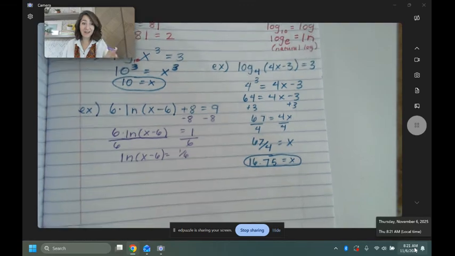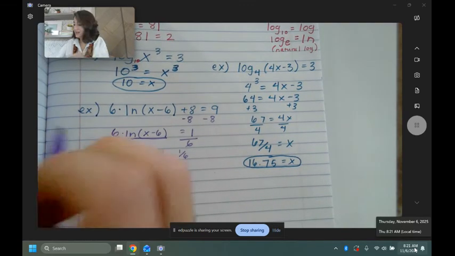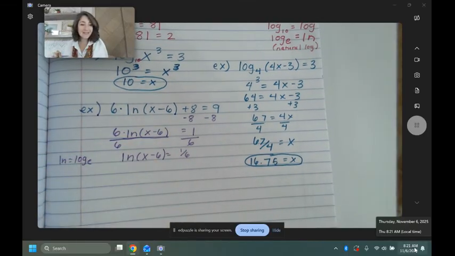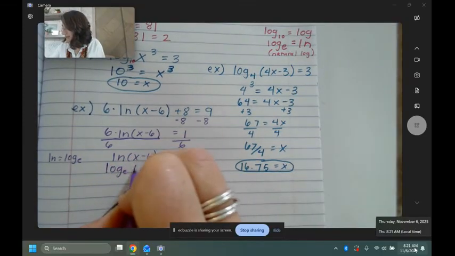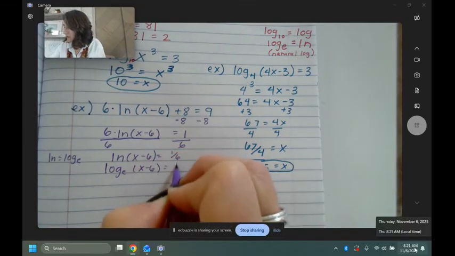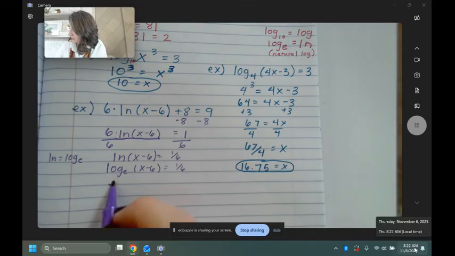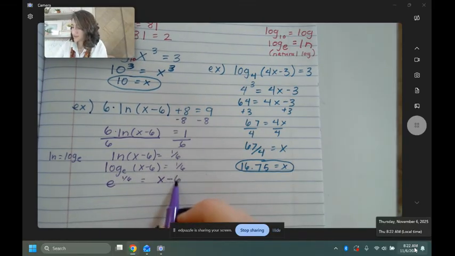Now that your log is isolated, and a reminder that the natural log is just log base e, okay? If you were to rewrite it like that, log base e of x minus 6 is 1/6. Rewrite this as an exponential equation. So e raised to the 1/6 is x minus 6.